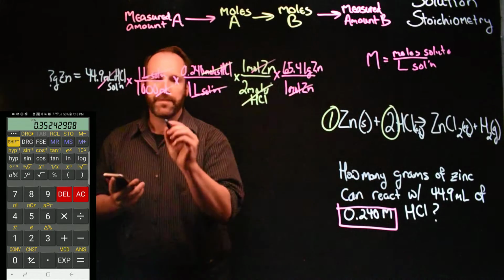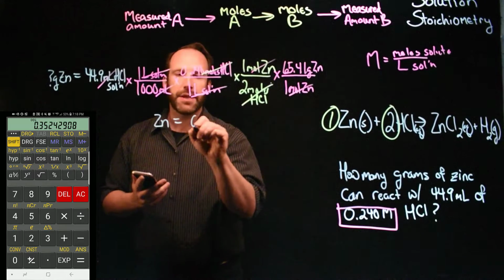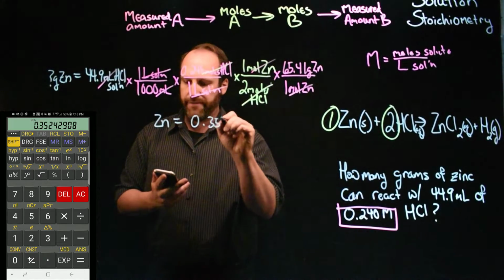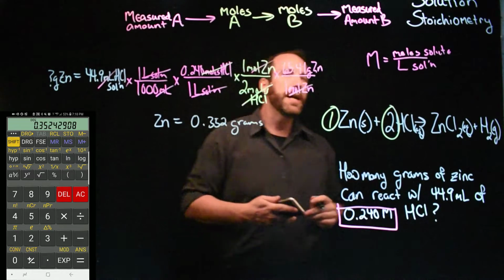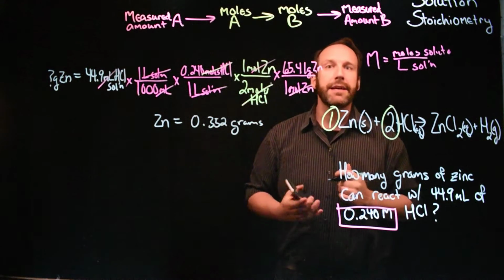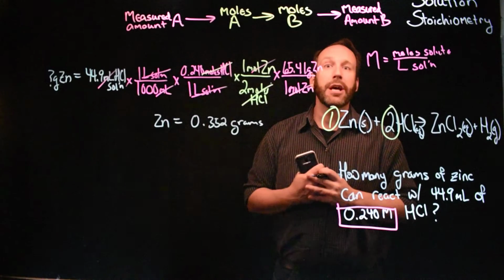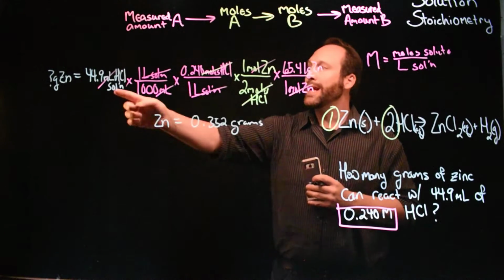Okay, so the amount of zinc is going to be equal to 0.352 grams.